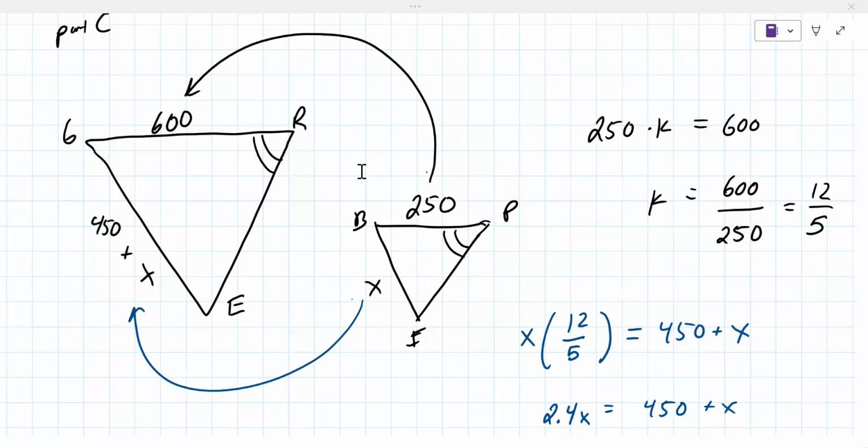Let me compare it to the 250 times K, K equals 600 divided by 250, 12 divided by 5.